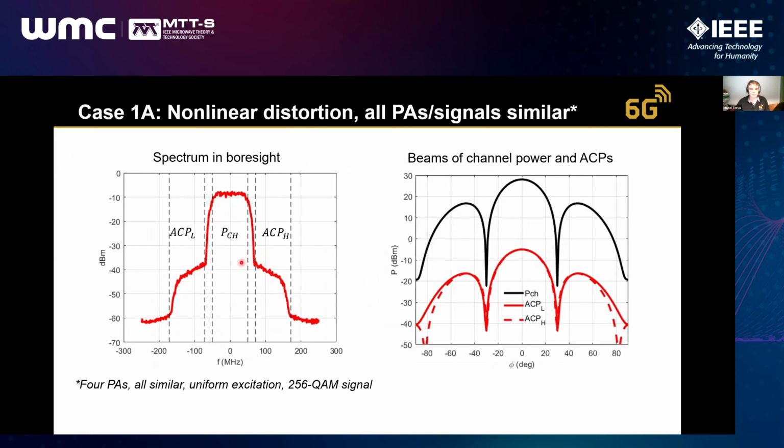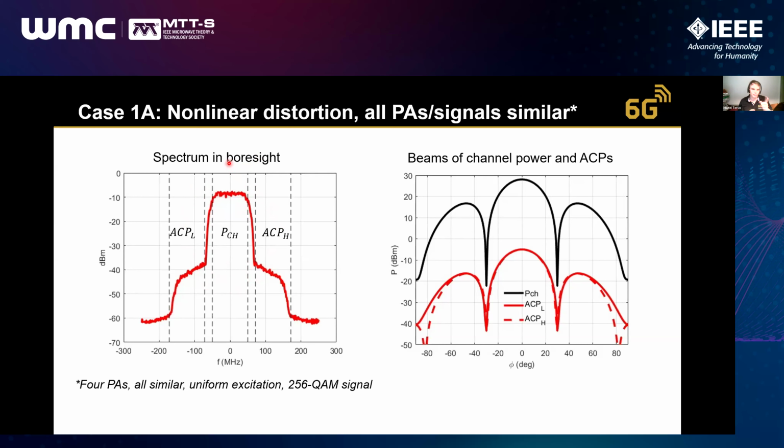This is something like maybe 30 dB ACLR, so not actually that bad. But the point here is that this is the signal I see in the boresight. What I can do now is simulate or plot the beams of the channel power and of the adjacent channel power, to see what kind of beam this figure of merit that we use to describe the distortion would look like. Then I can understand a little bit how it would behave.